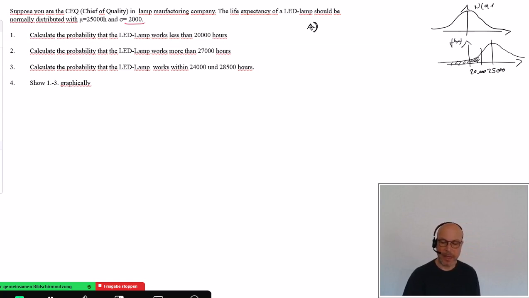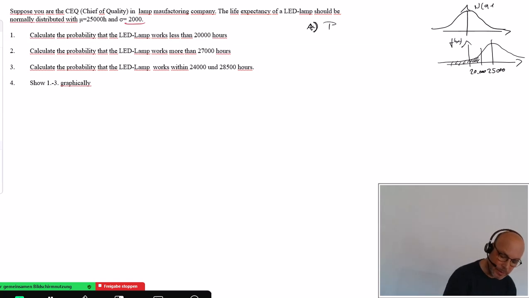And what we then do, we want to calculate the probability of x smaller than 20,000.